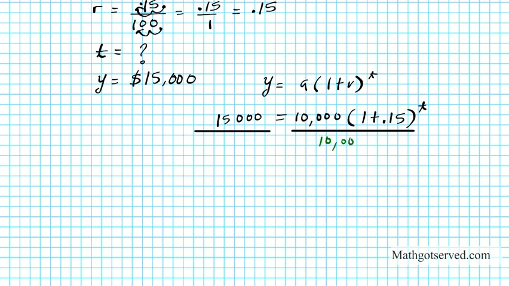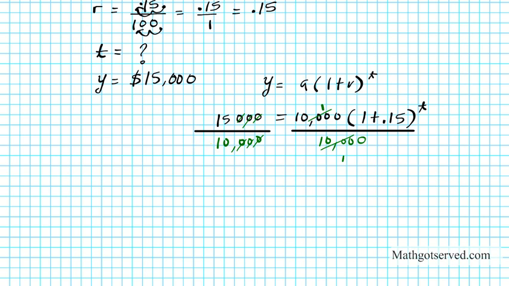10,000 on the left, 10,000 on the right. Okay, these divide out to 1, and in this case we can just divide out the zeros. 15 over 10, we can divide both sides by 5. Okay, divide by 5 top and bottom. So on the left side, 15 divided by 5, oh wait, I didn't write this correctly, I gotta be careful with this.